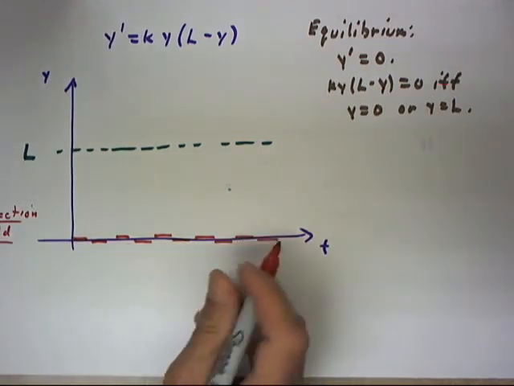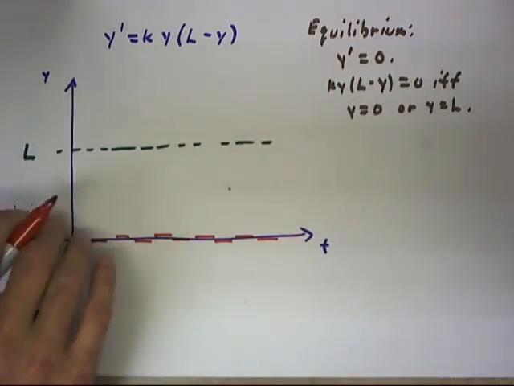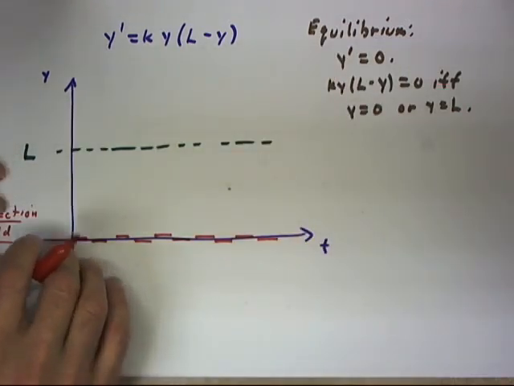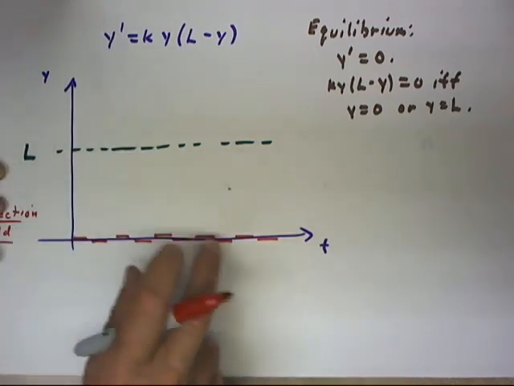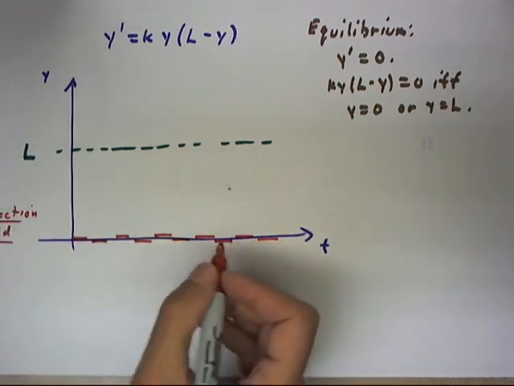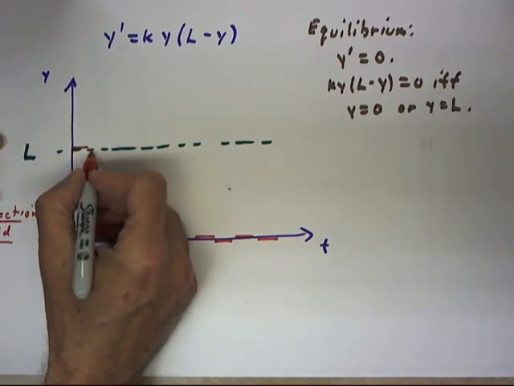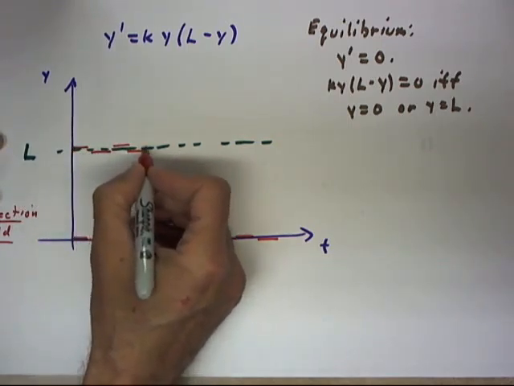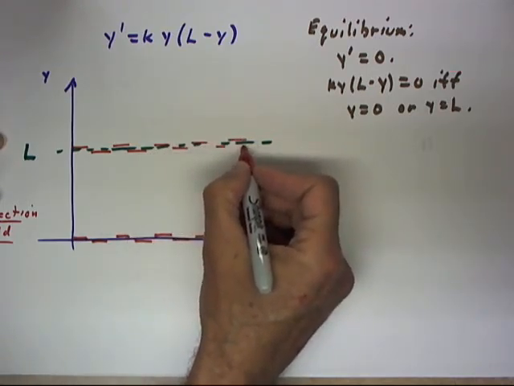The direction field is therefore going to be horizontal because y prime is 0, and y prime equals 0 is equivalent to having a y versus t graph with a horizontal tangent at any of these points. Similarly, at y equals L, the direction field is going to have to indicate slope 0.